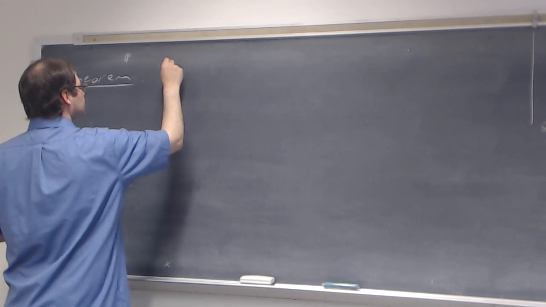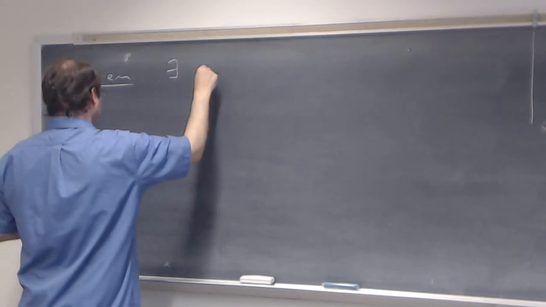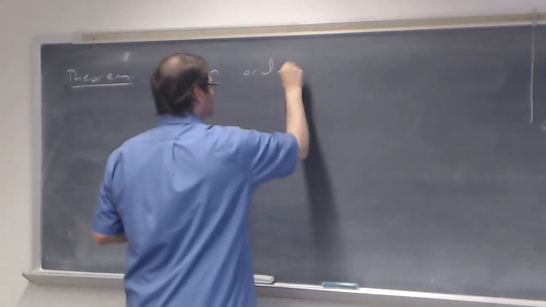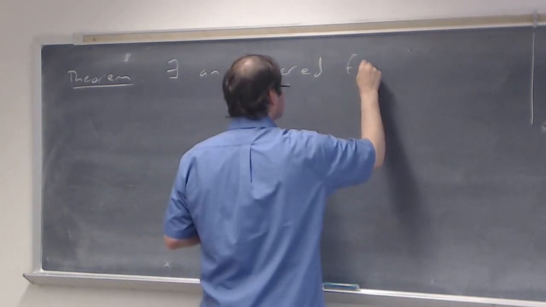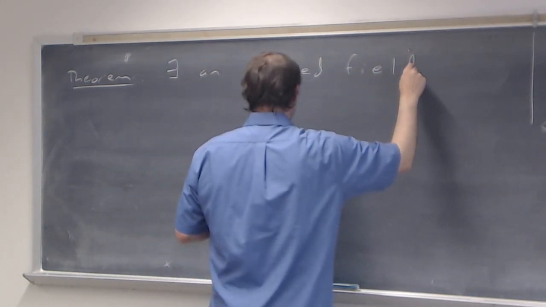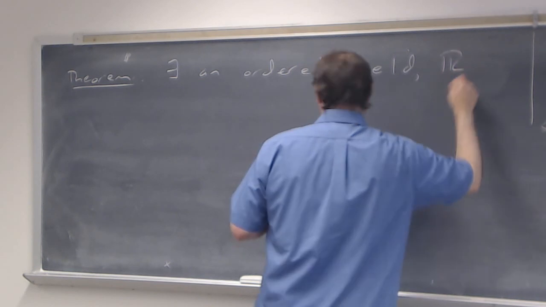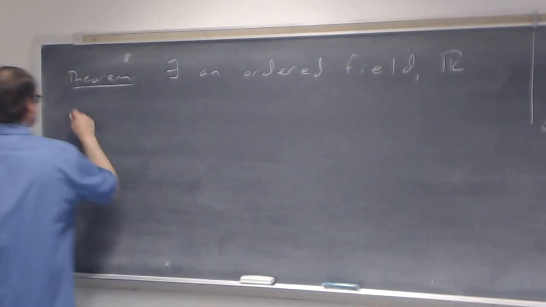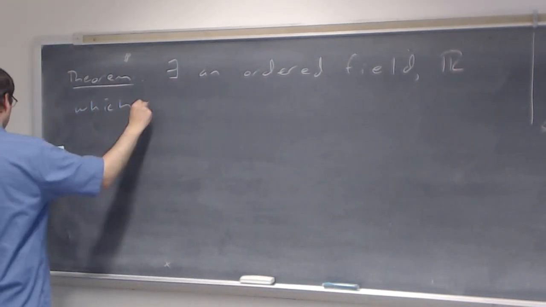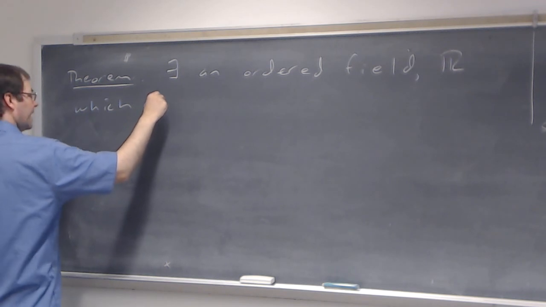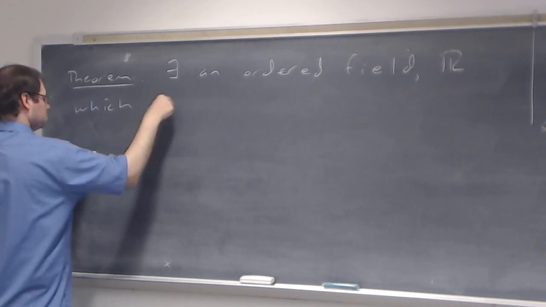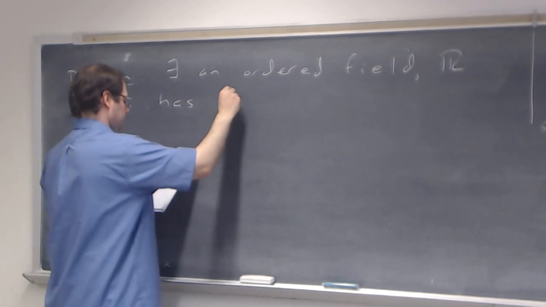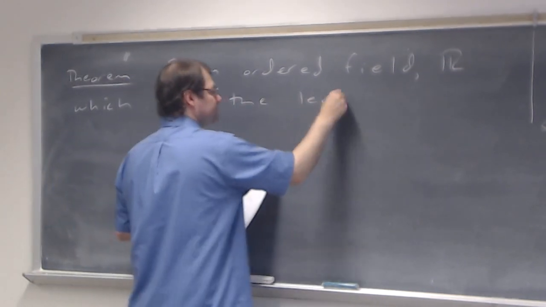There exists an ordered field R, it's the real numbers, which has the least upper bound property.